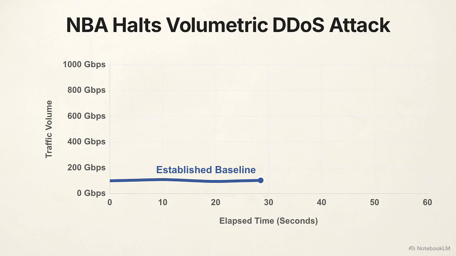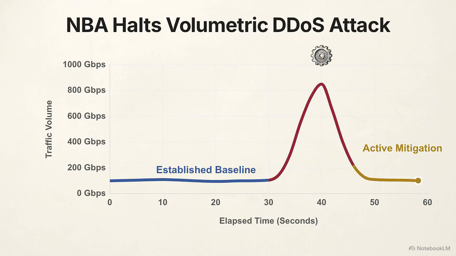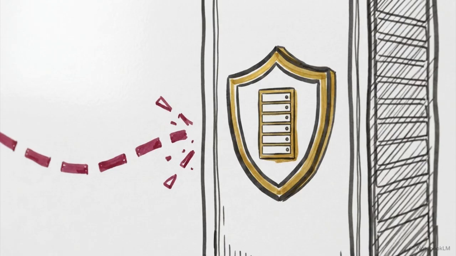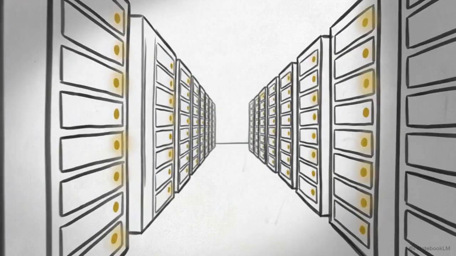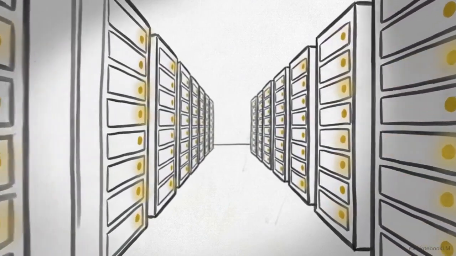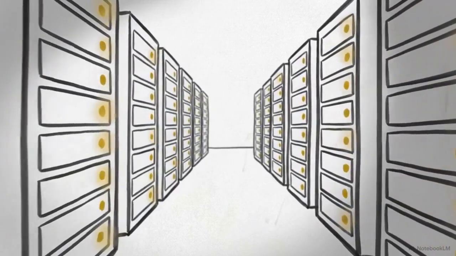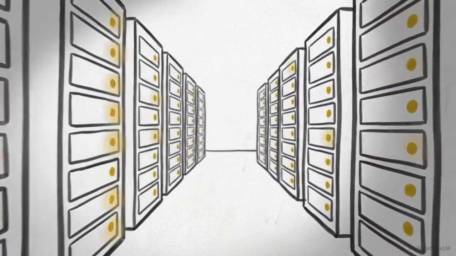It establishes a traffic baseline, detects the exponential volumetric spike of a DDoS attack, and actively blocks the malicious sources to flatten the curve. In the third scenario, a compromised internal account attempts unauthorized lateral movement. The HIPS on the target server detects the unusual behavior and terminates the session, preventing an insider threat. By implementing a multi-layered IPS architecture, organizations can effectively address external malware, volumetric flooding, and internal breaches simultaneously.